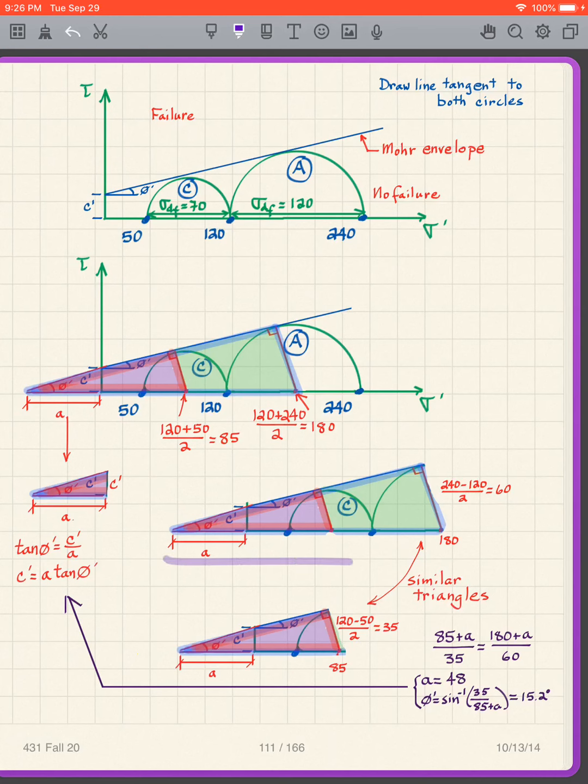So the total distance here is 180 plus A. I don't know what A is, but I'm just calling it A.